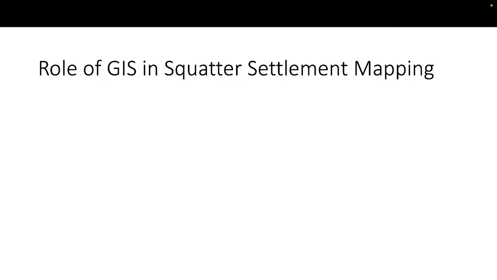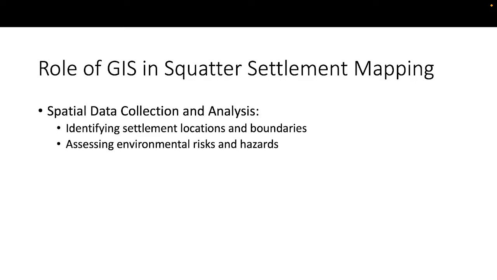So, the role of GIS in squatter settlement mapping. There are a lot of roles, such as spatial data collection and analysis. You can easily collect data, identifying settlement locations and boundaries, and assessing environmental risks and hazards.